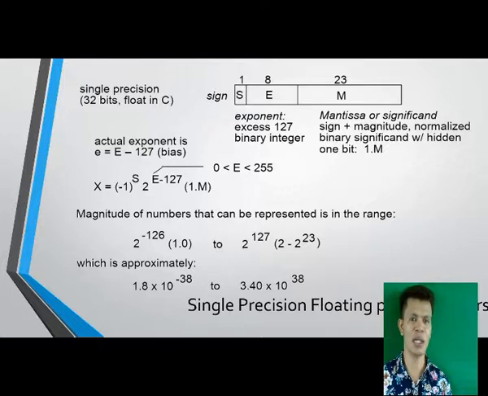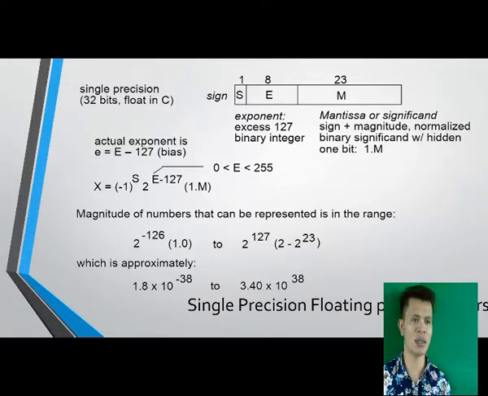Exponent is excess 127, a binary integer. The mantissa is a sign plus magnitude normalized binary significand with a hidden 1 bit. Actual exponent is the biased exponent minus 127.